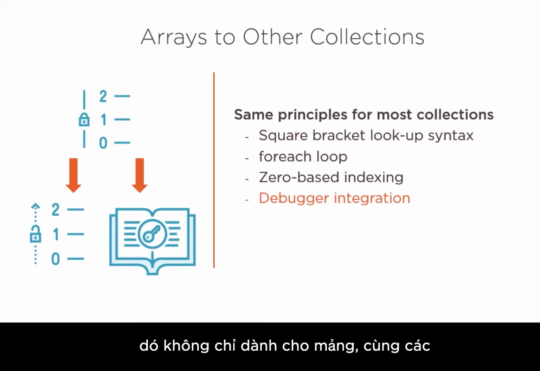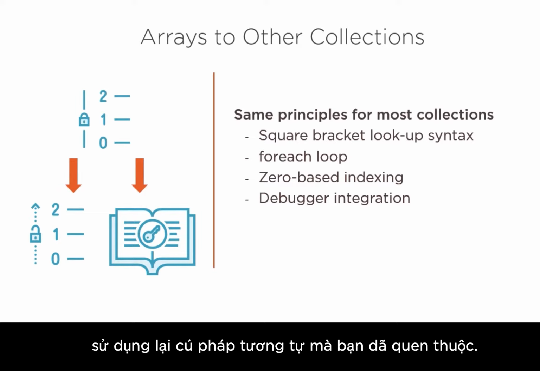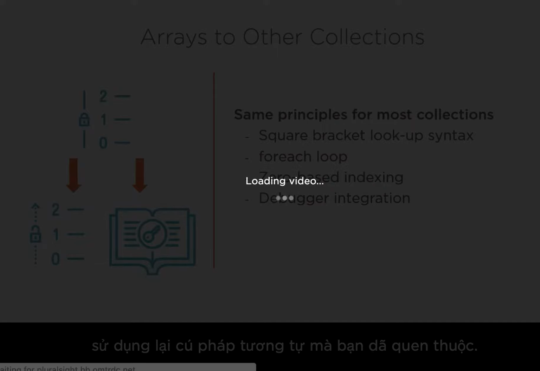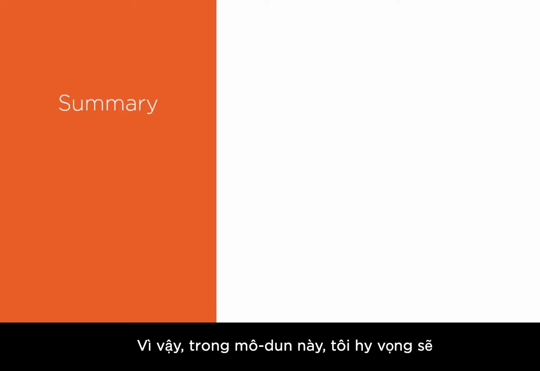Those ideas aren't only for arrays. The same principles and roughly the same syntax work for collections in general, including the list and the dictionary that you'll be learning about later in this course. And that's great, because it really aids working with collections. Whenever you meet a new collection, you can just reuse the same syntax that you're already familiar with.